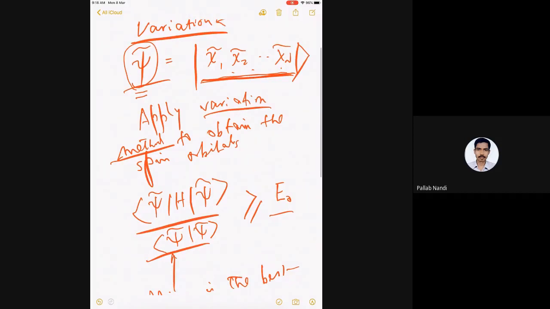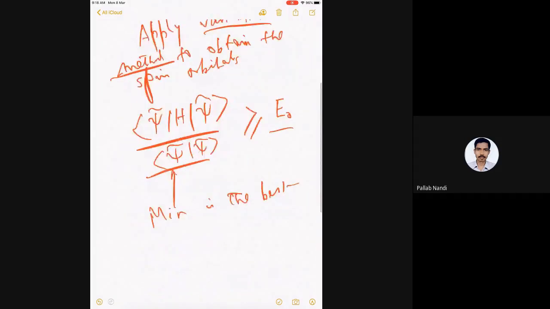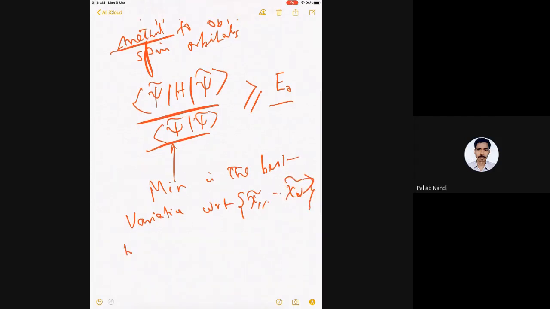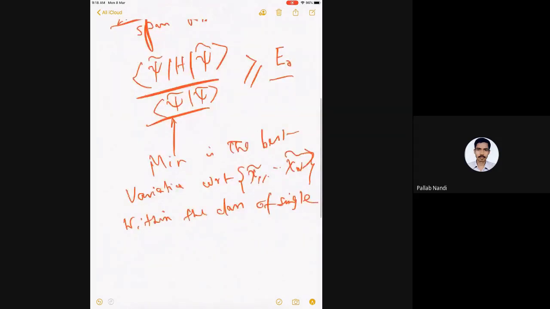I am only varying these spin orbitals, so the variation is done only with respect to the spin orbitals chi1 tilde, chi2 tilde to chi n tilde. So within the class of single determinants, this is the best. The class is generated by changing these n spin orbitals. So within the class of single determinants, Hartree-Fock is the best.